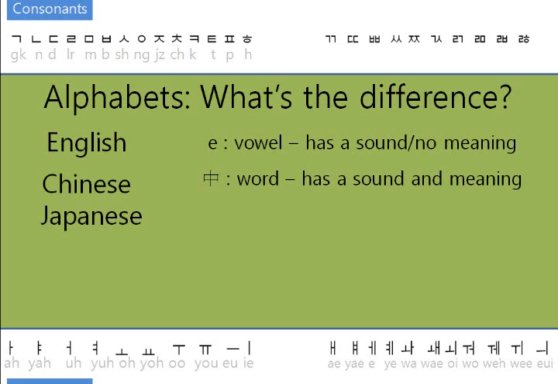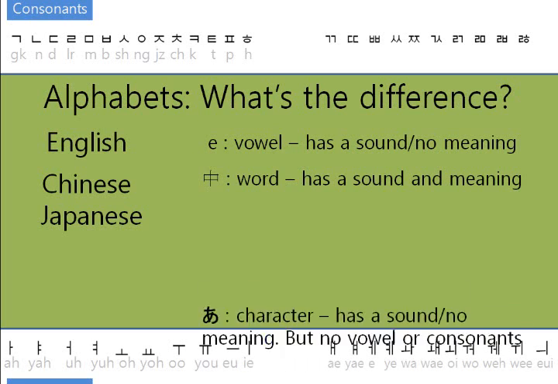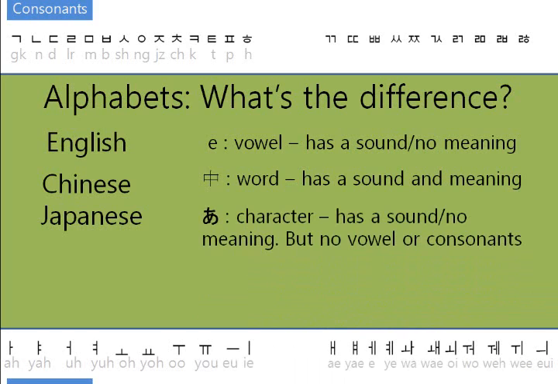Japanese and Korean are grammatically pretty similar, but character-wise, Japanese has a sound and no meaning, but it's not a vowel or a consonant. It's a character that has a sound. So there is a limit of pronunciation.